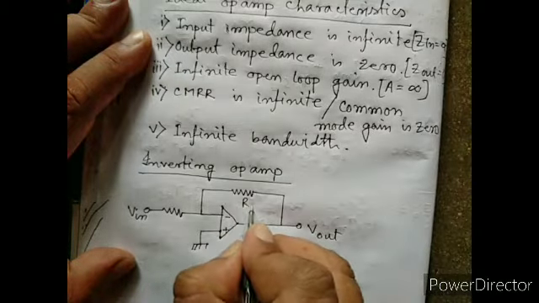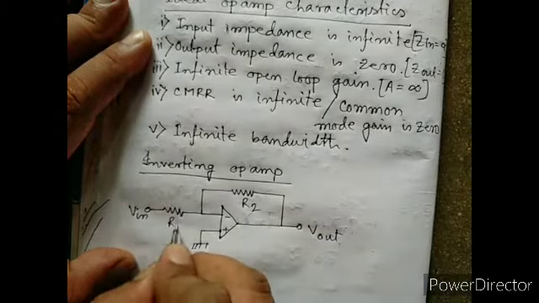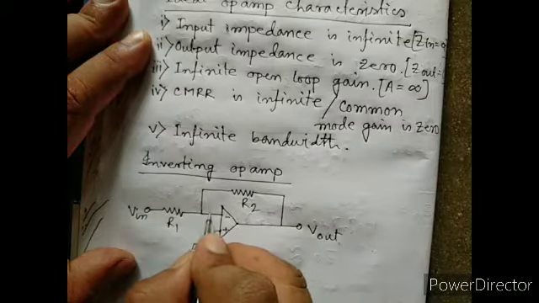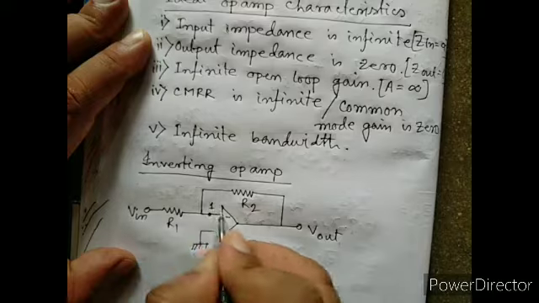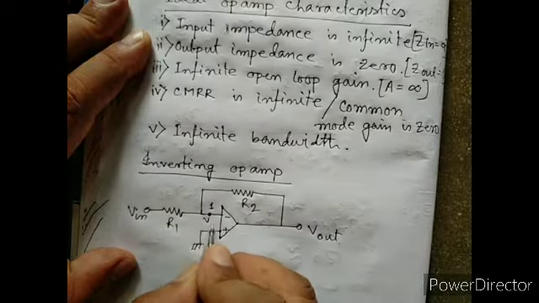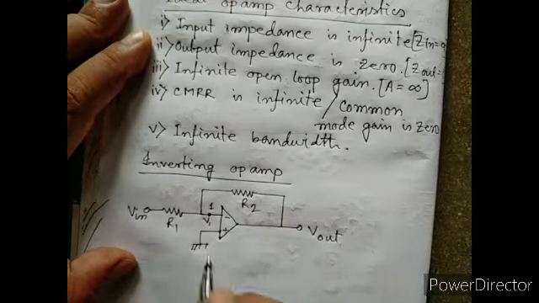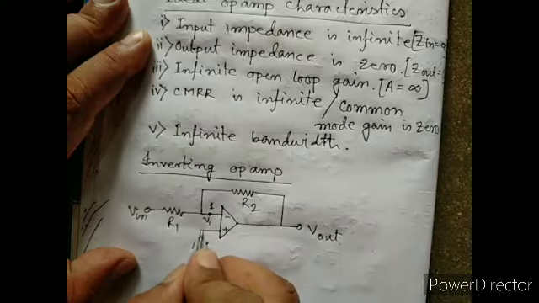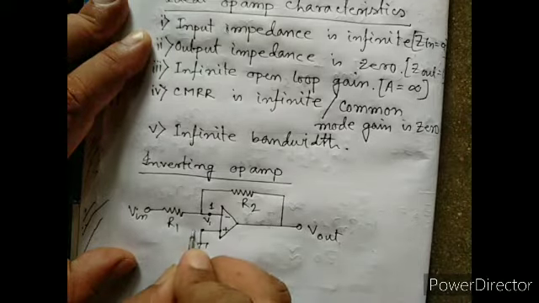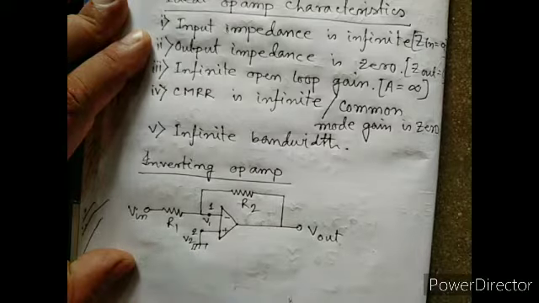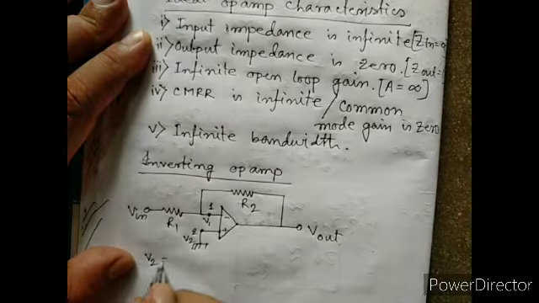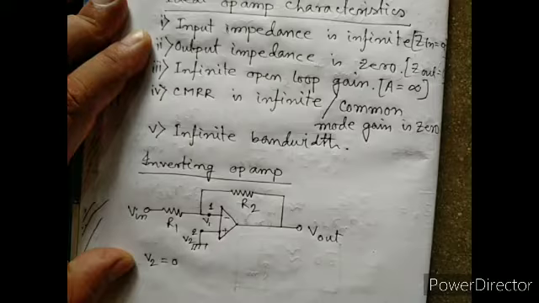This is resistor R2, this is R1. This is terminal 1. At terminal 1, if I consider V1 is the potential, and this is terminal 2, and at terminal 2 the potential is V2, then V2 equals to 0, ground potential.